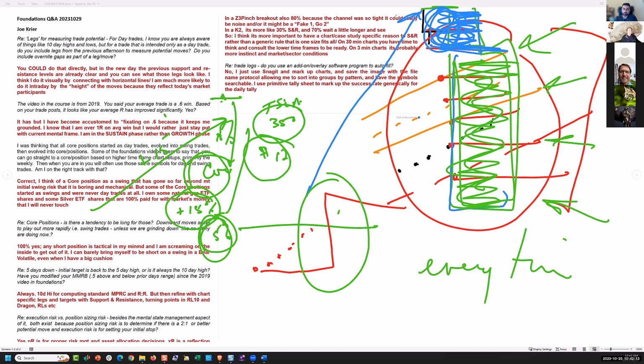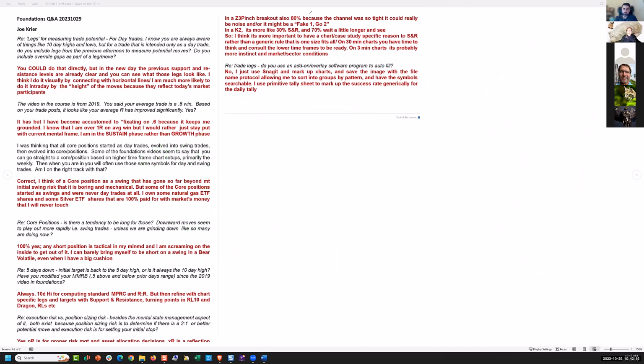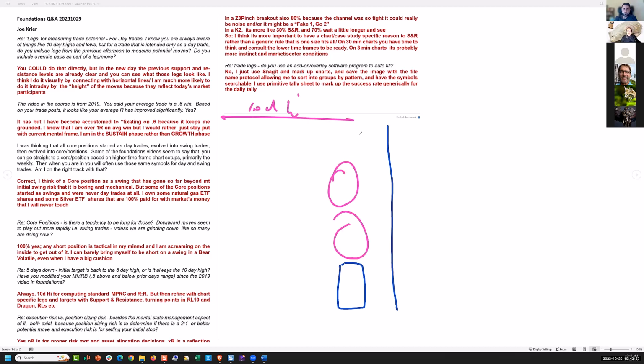But in terms of framing the trade for swing trades, all it is is the mechanical reward to risk ratio: the range risk compared to the 10-day high. And as long as that gives me 2 or 3 to 1, then it's good enough to get started, and then I'm adjusting the stop.